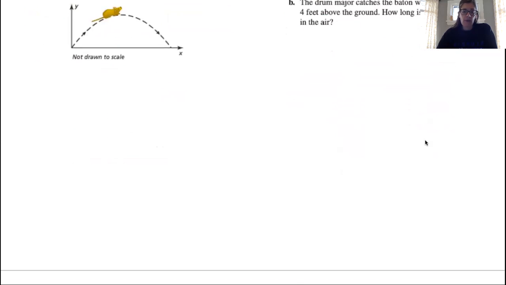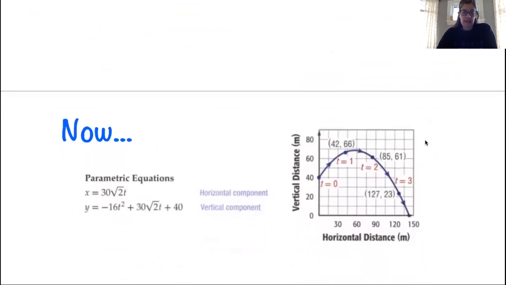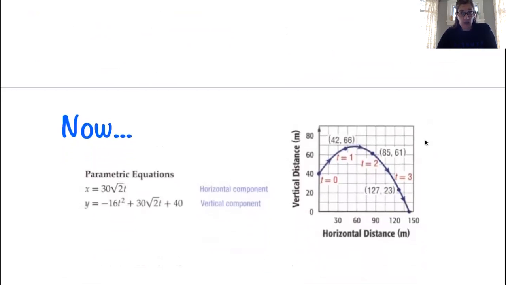Down below, I pulled an example from a pre-calculus textbook of parametric equations modeling projectile motion. There isn't a story to go along with this one, but notice that you have your X and your Y equation for parametric.